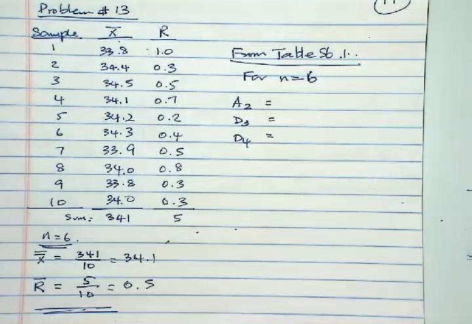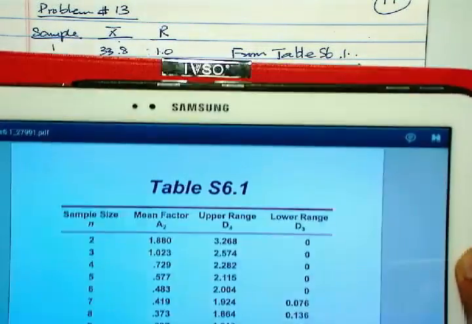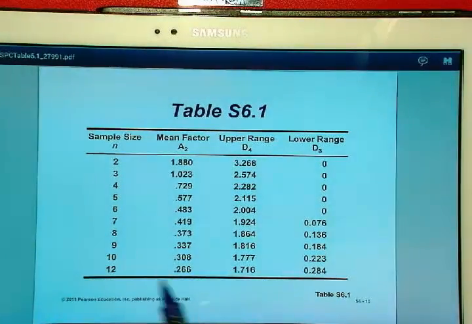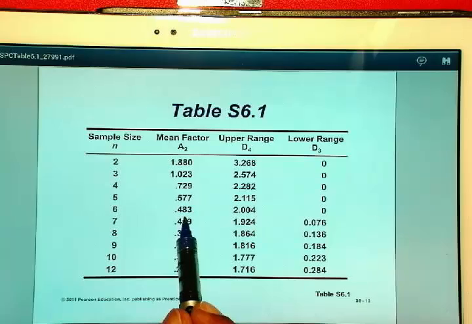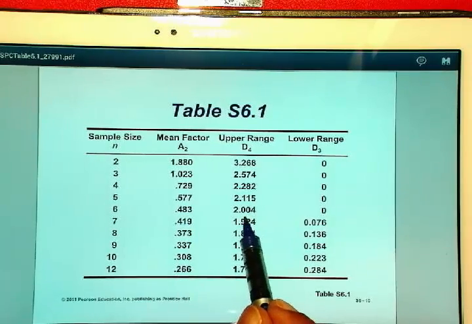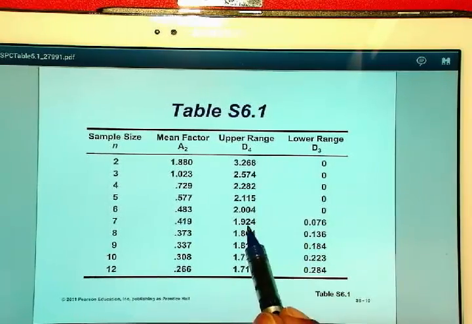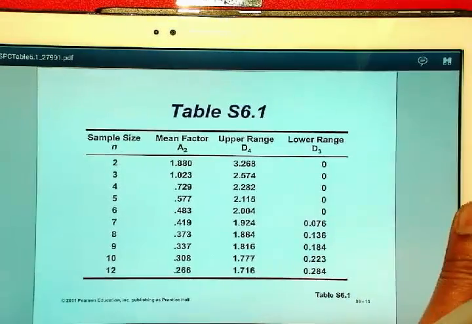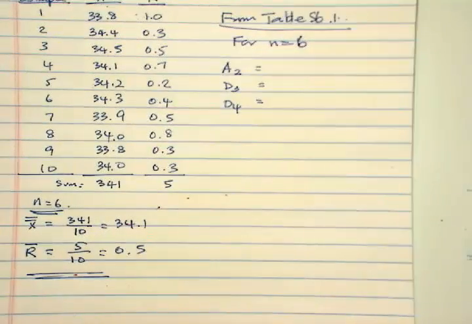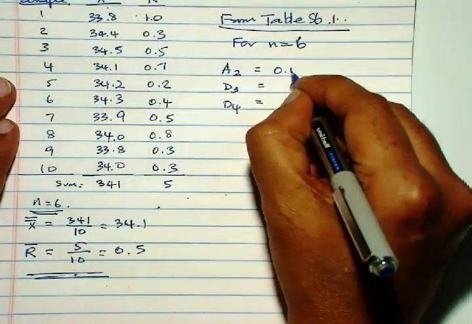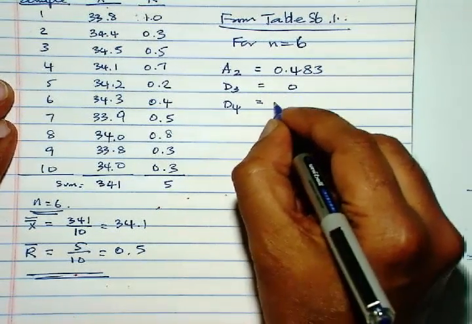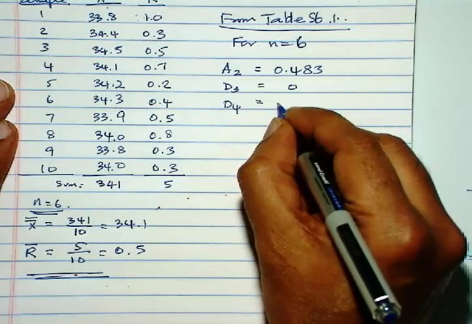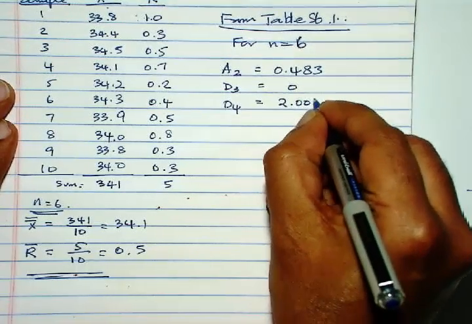So here is the table. Okay, n is 6, so A sub 2 is 0.483, D sub 3 is 0 and D sub 4 is 2.004.